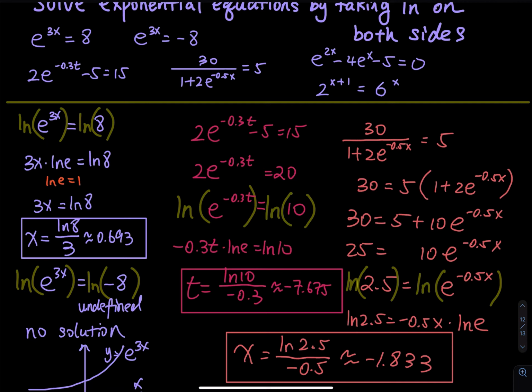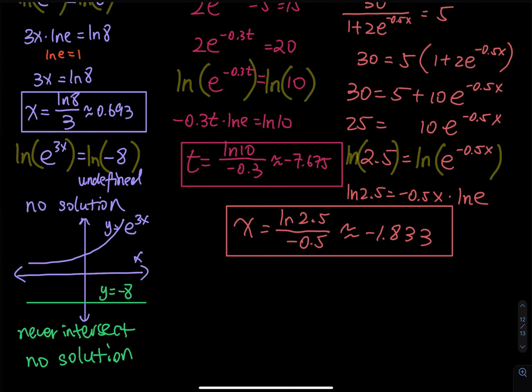The next one is pretty interesting. So the next one, we have e to the 2x minus 4e to the x minus 5. Okay, let's write down the problem. So we have e to the 2x minus 4e to the x minus 5 equals 0, right?